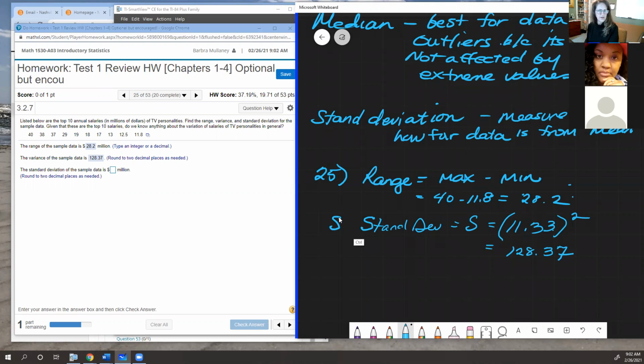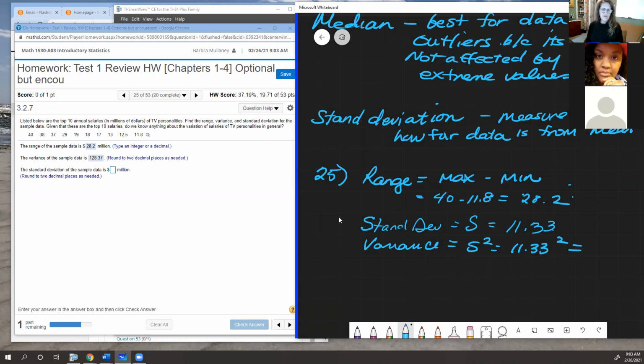Hold on. Let me put that on another line so you're not confused. So variance. We're going to take this number already rounded to 2 decimals and then square it. That's S squared, 11.33 squared.